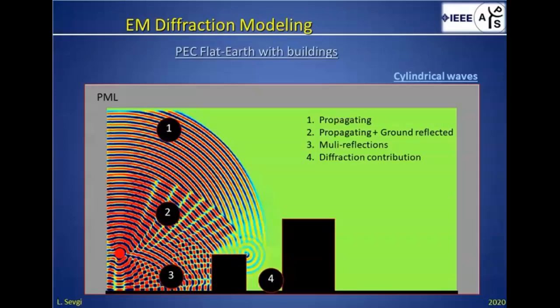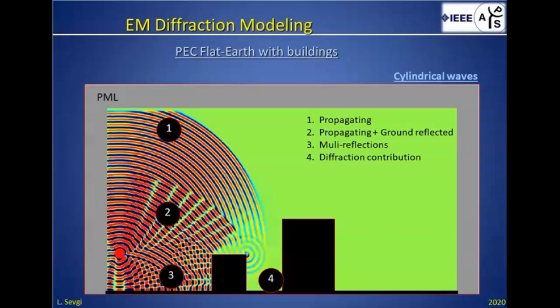Observe the tip of the small object, the right upper tip of the object. You see there is a kind of cylindrical wave from the tip with the colors light blue and yellow. That one is the tip diffracted wave.